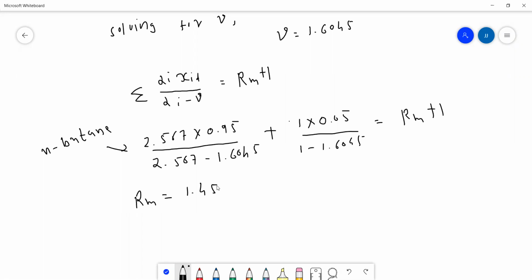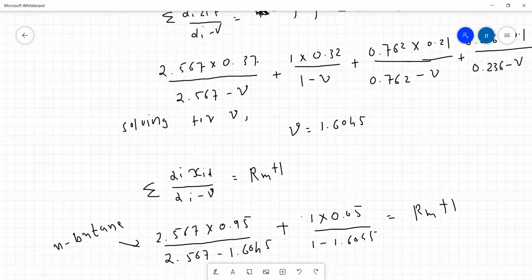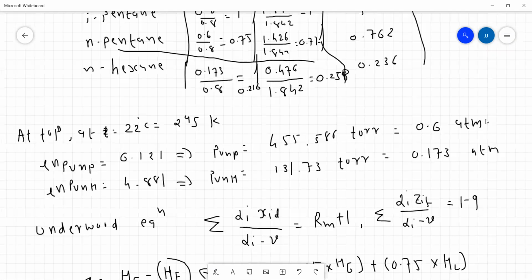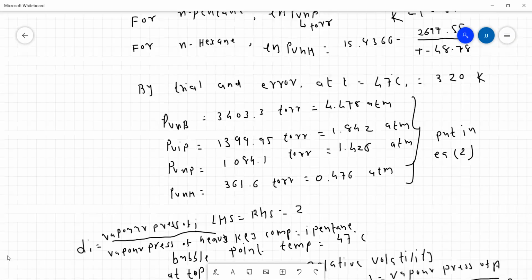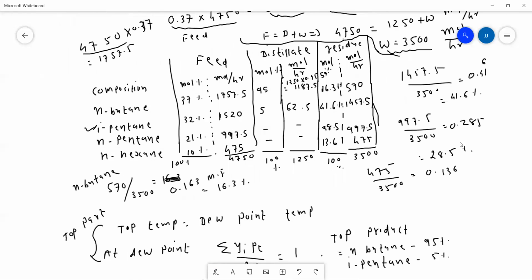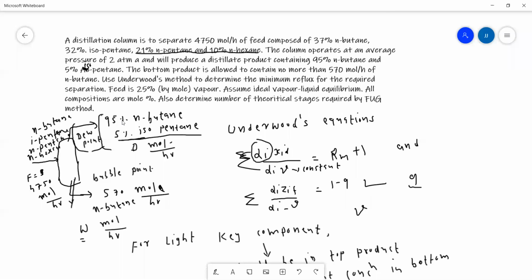Now the next step is to determine the number of theoretical stages by the FUG method, Fenske-Underwood-Gilliland's method. In the FUG method, we first determine the minimum reflux ratio, which we have already determined by the Underwood equation.